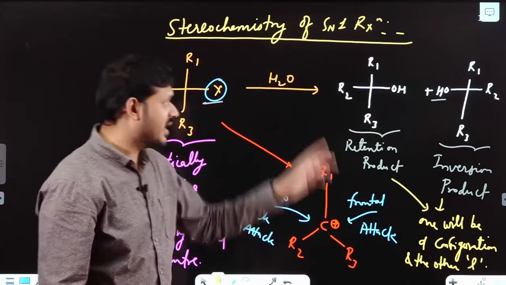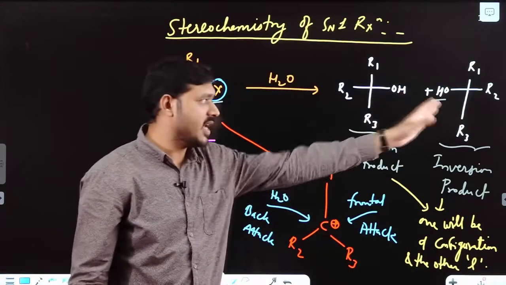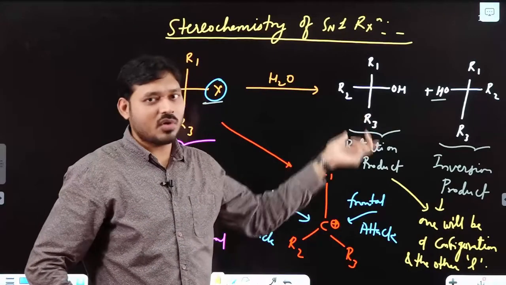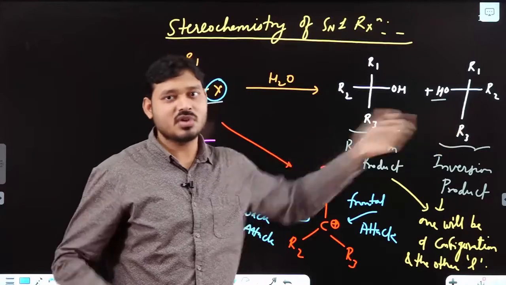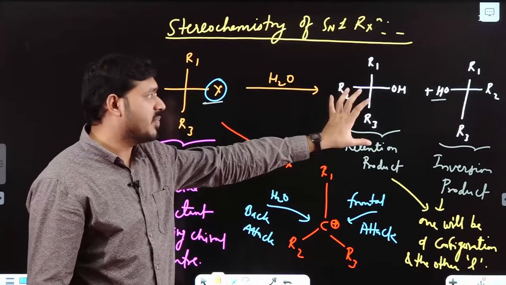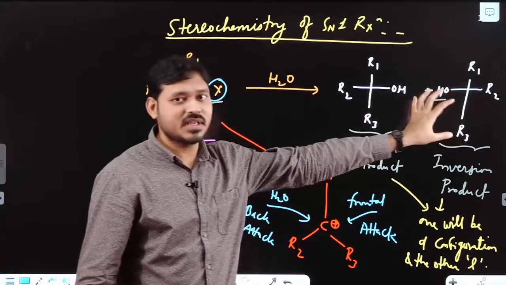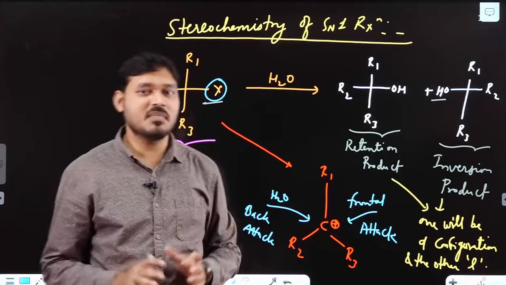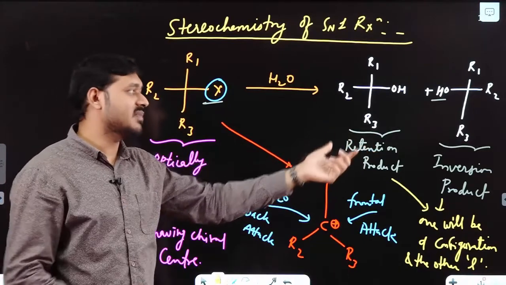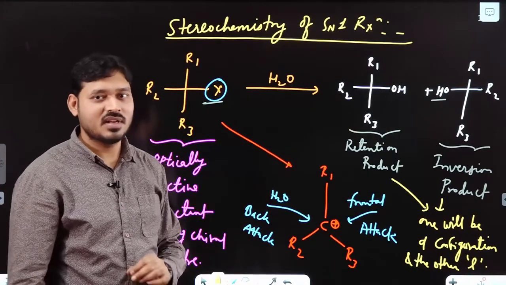If one has D configuration, the other has L configuration. So definitely if one rotates plane polarized light clockwise, the other will rotate it anti-clockwise, or vice versa. Then, if this is 50% and this is also 50%, the mixture will be a racemic mixture, or you can say racemic modification, or perfect racemization occurs in the reaction. Clear to you?